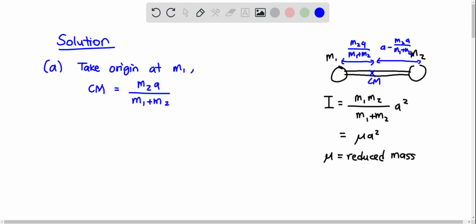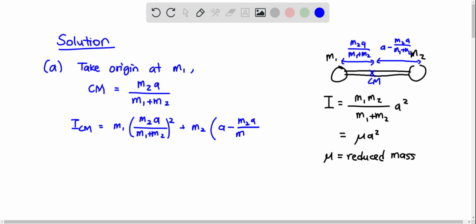Then the I about the center of mass, because the rotation is about the center of mass, will be M1 times the distance square. So this is M2A divided by M1 plus M2 square, plus M2 times A minus M2A divided by M1 plus M2 square.